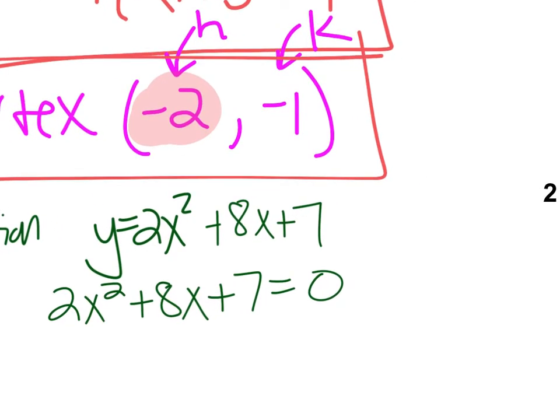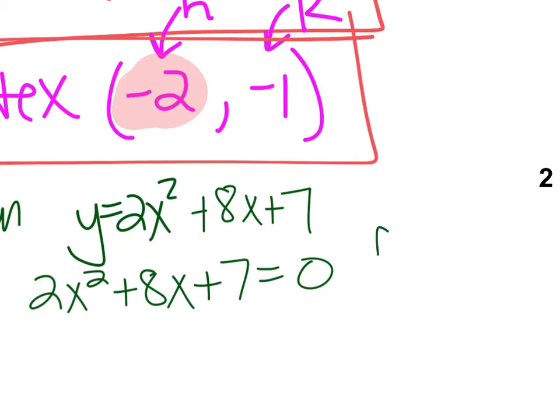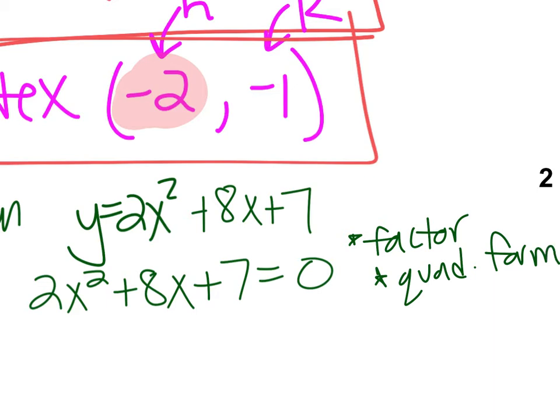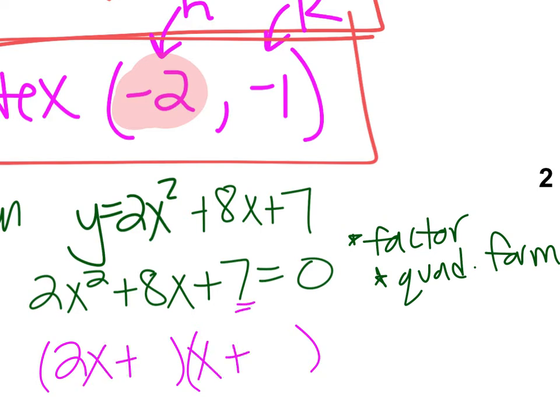We have different methods for this. The 2 primary methods I would recommend using are: see if you can factor, and if you can't factor, try the quadratic formula. Those are basically my 2 go-tos. If I look at this and see if I can factor it, I would need 2x and x. I would need both signs to be positive. Multiply to 7, add to 8.